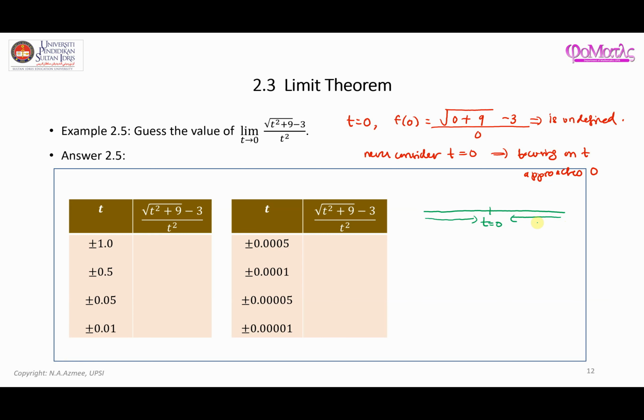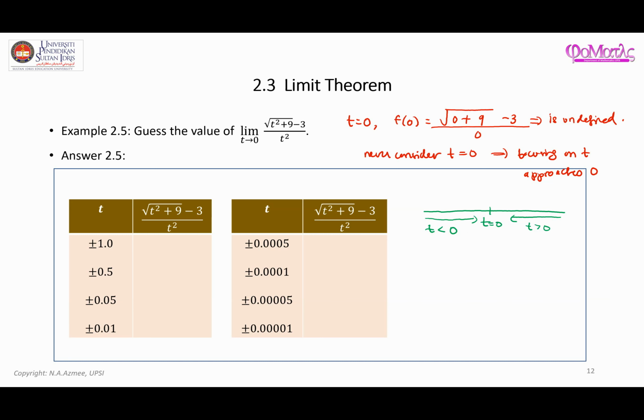From the right, we consider values of t greater than 0, whereas from the left, we consider values of t less than 0.